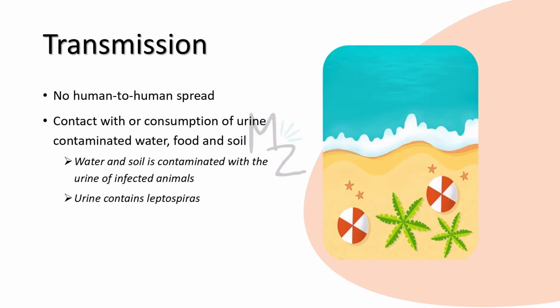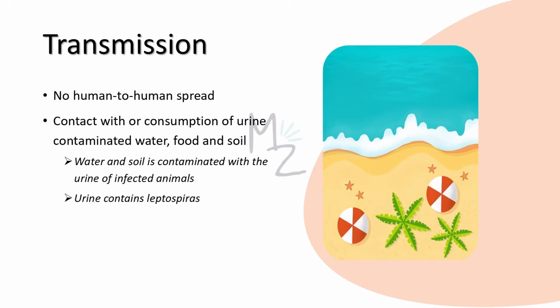Transmission. There is no human-to-human spread or transmission, but if there is, it will be very rare. Transmission normally occurs via contact with or consumption of urine, contaminated water, food, and soil. Because animals not just excrete urine in water, but they also excrete it in soil.